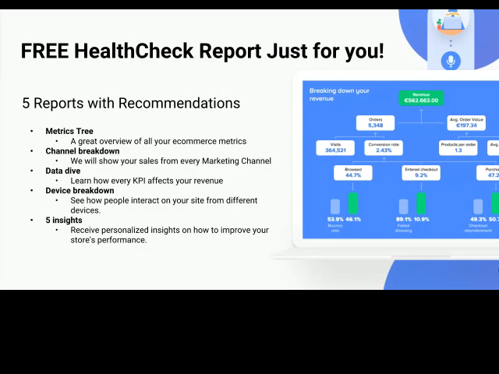For example, you can track and compare your bounce rate for new users that come from Google Ads, AdWords on mobile, and you can compare that to recurring or returning users that come from a Facebook ad, for example. Another report is a device breakdown, so you can see how your users or customers arrive at your site from different devices. And the fifth report is what we call the Divot Insights.